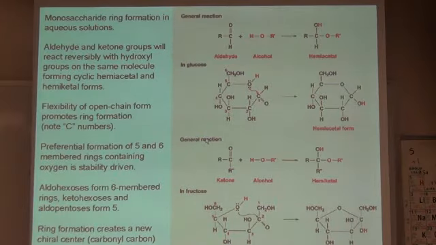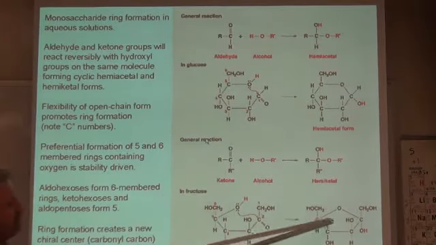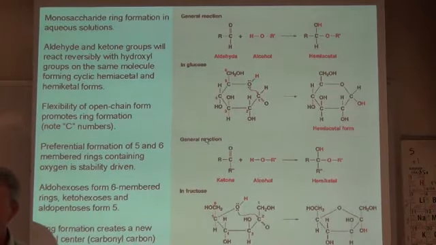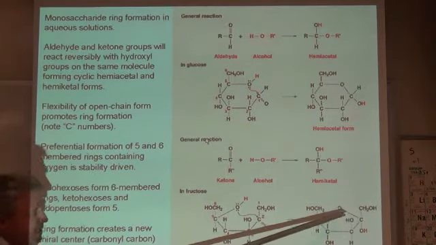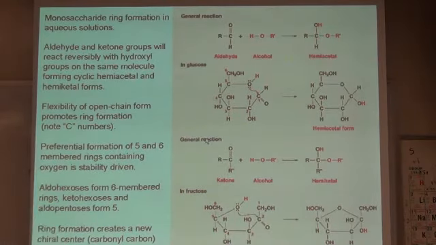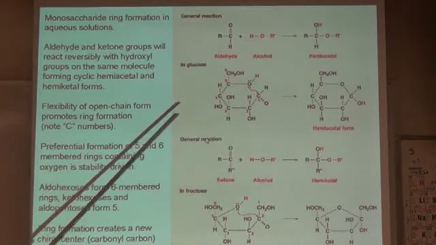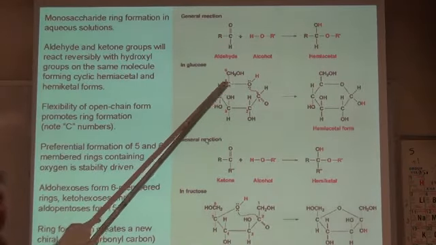Now, it's a stability-driven process, and there's a preference for the formation of 6 and 5-membered rings. In either case, the oxygen is incorporated into the ring. This has to do with angle strain versus torsional strain in the formation of rings. We know that carbons want to have specific bond angles.